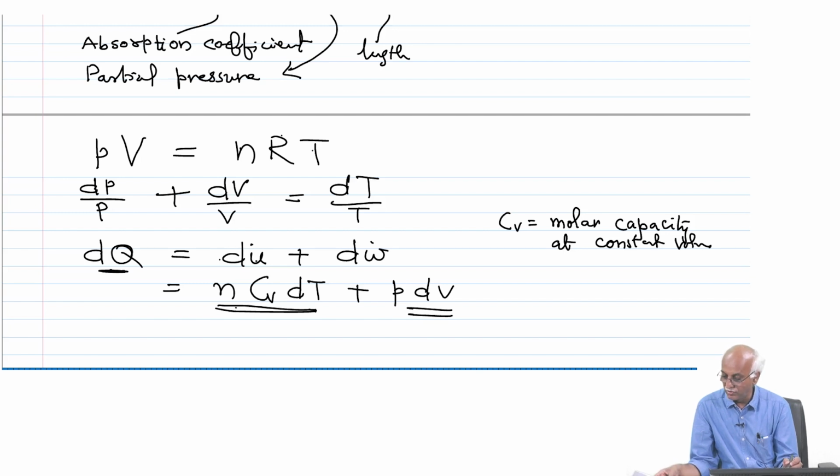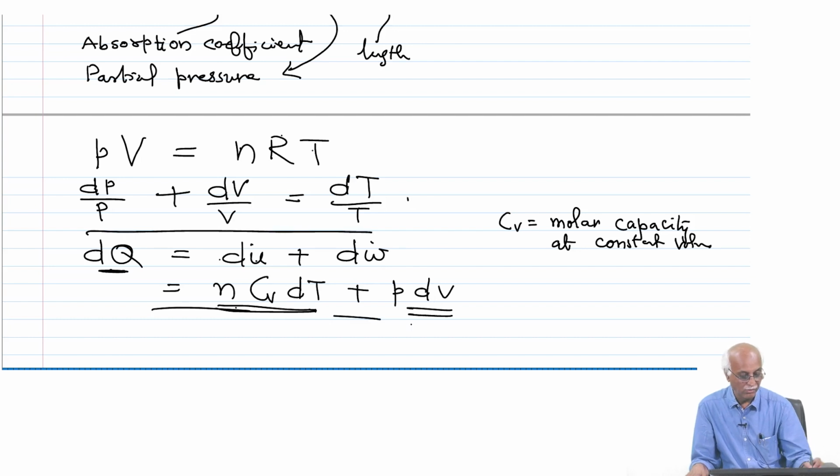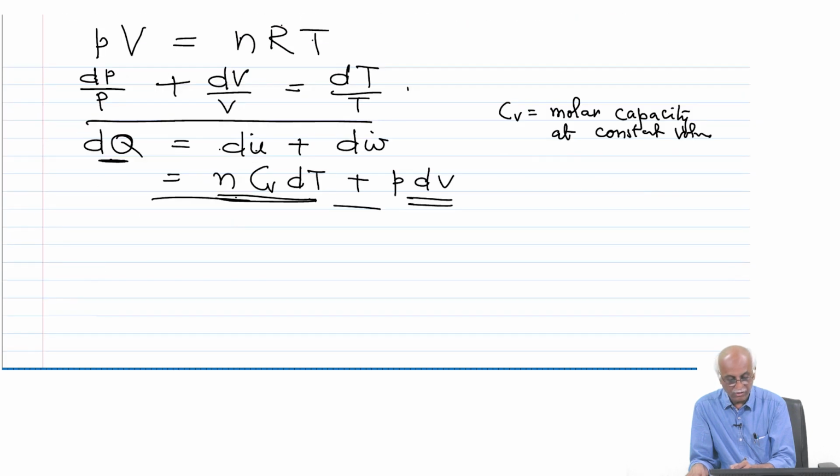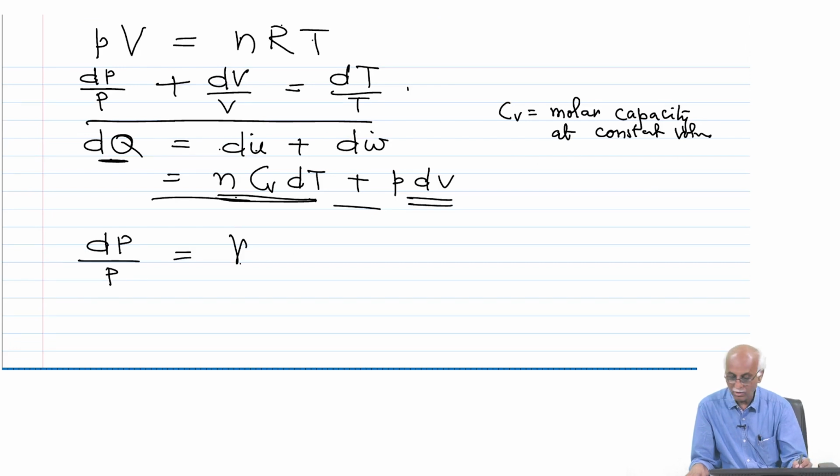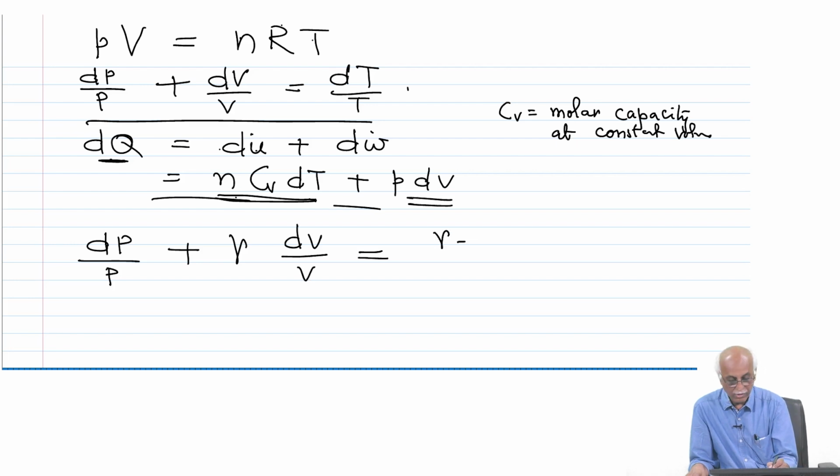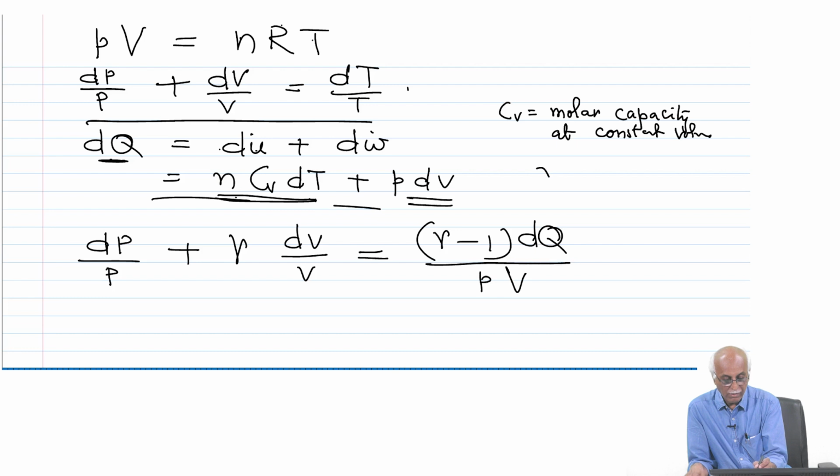So this is one representation, and using these two equations, by substituting the values, we can get dP by P plus gamma dV by V equal to (gamma minus 1) dQ by PV, where gamma is Cp by Cv, which is equal to gamma R upon gamma minus 1 divided by R upon gamma minus 1.